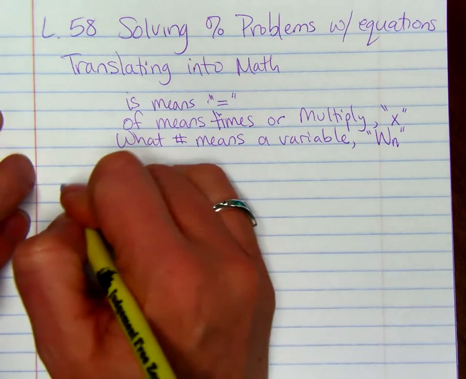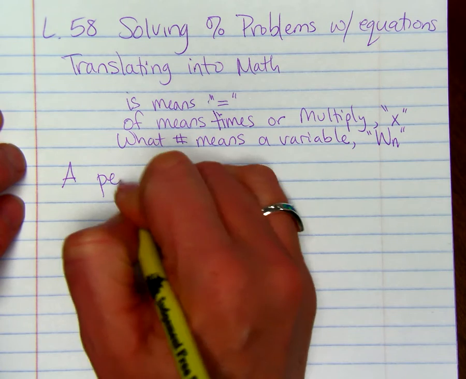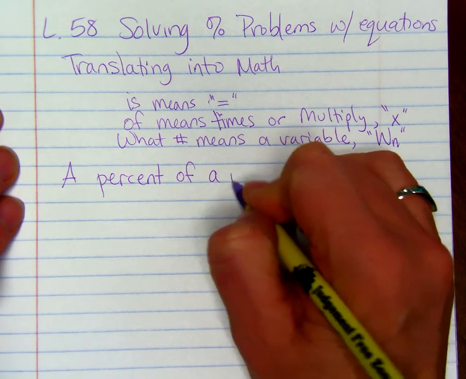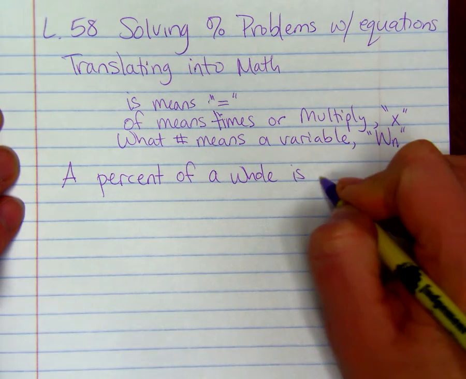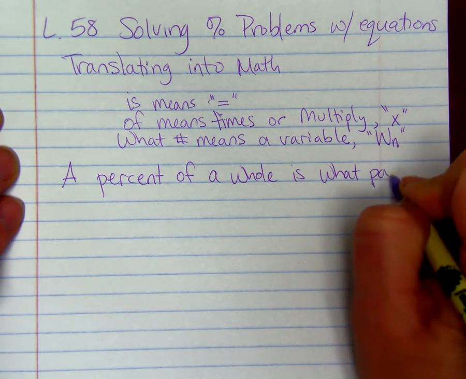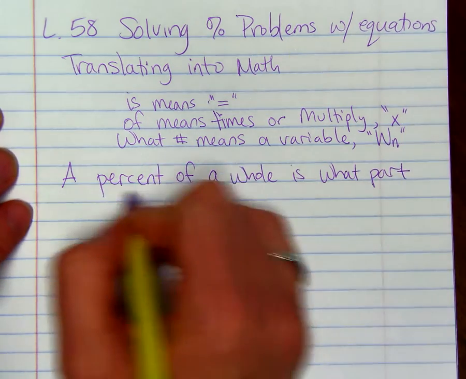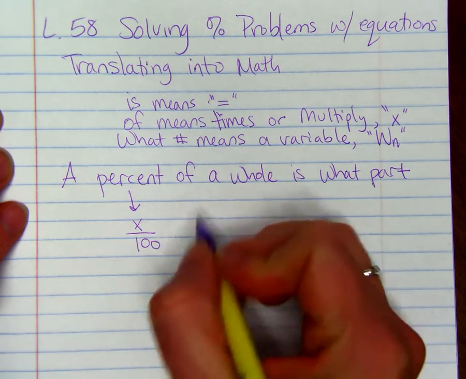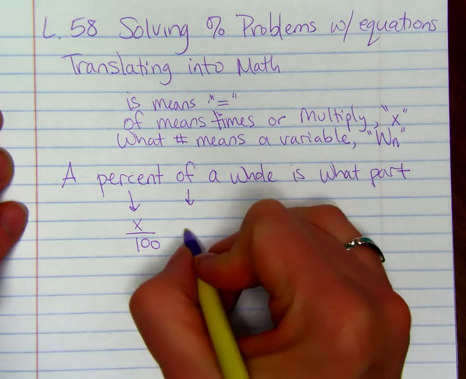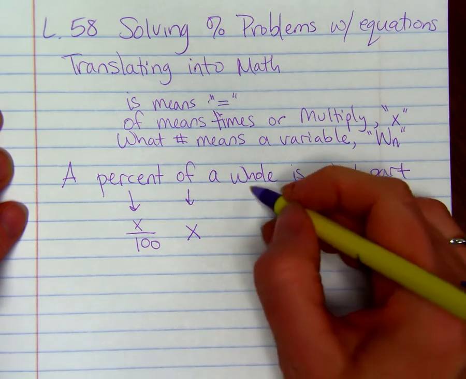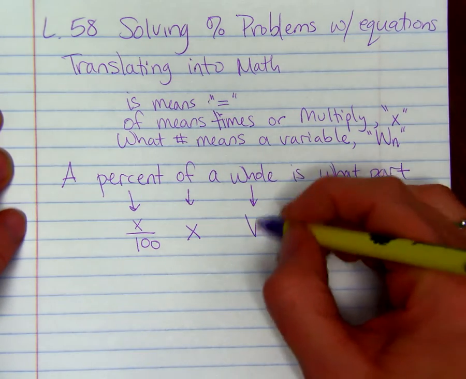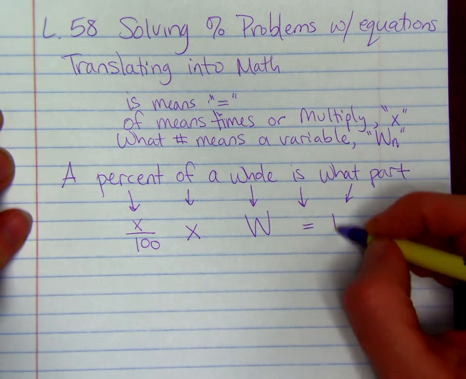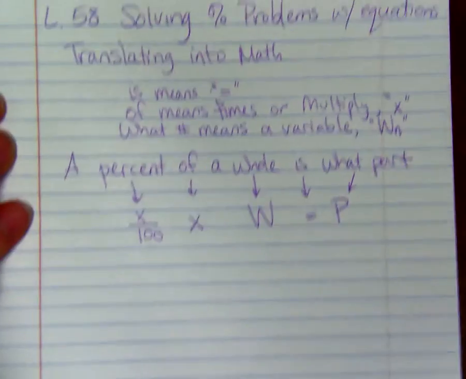So one thing we have to remember is a percent of a whole is what part? So we could say percent is x over 100, of is times, we can call whole the W, is usually means equals, and what part we'll just call P.